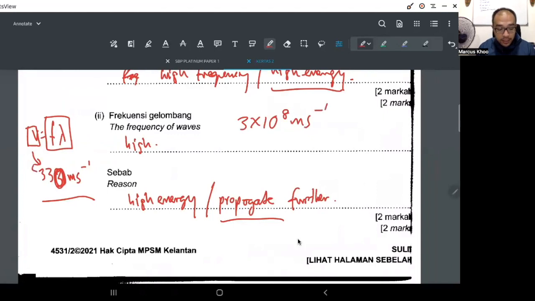Speed of sound is about 330 meters per second, I think so. But I know that the speed of sound is a constant. So if you want to say the answer travel faster, I would probably mark it wrong, because the frequency doesn't have to do with whether it goes faster or slower. Travels further is a better answer.